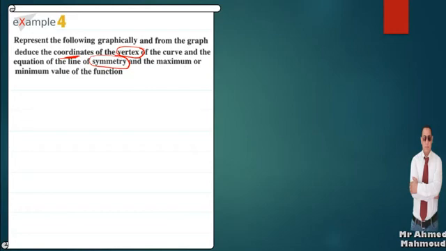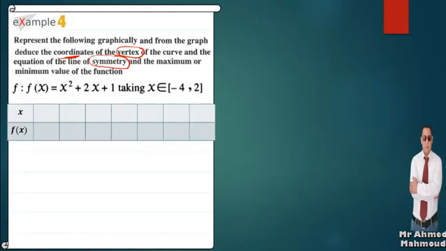Okay, first the function here is from -4 to 2. First I'm going to write the table like this. Here x and here f of x. x: -4, -3, -2, -1, 0, 1, and 2.